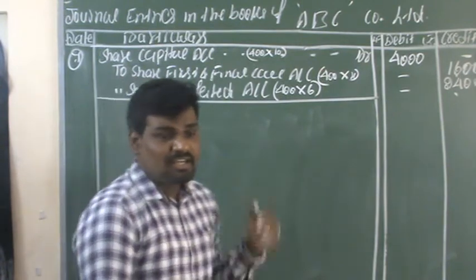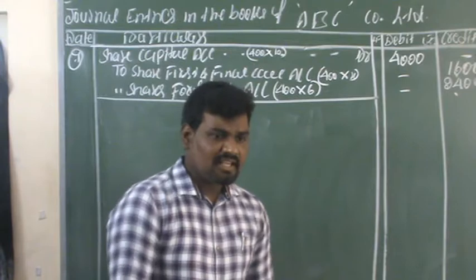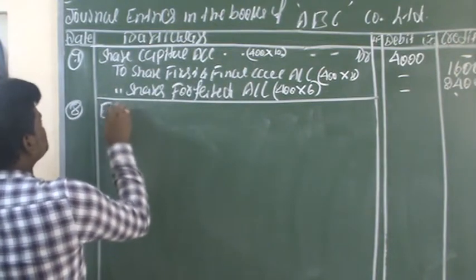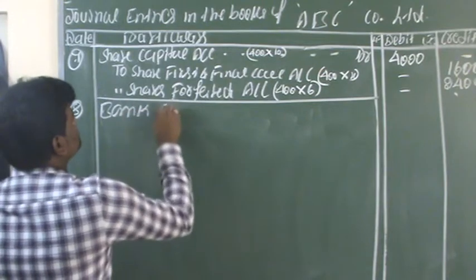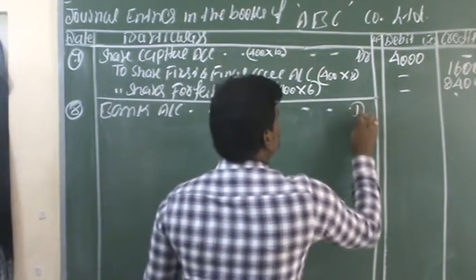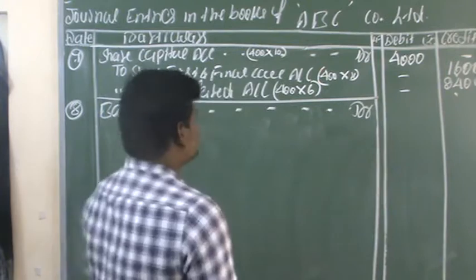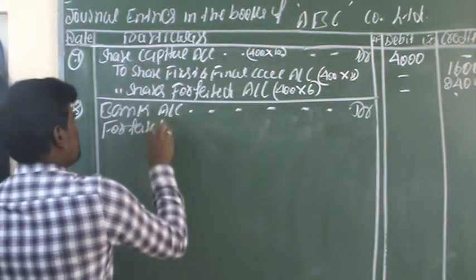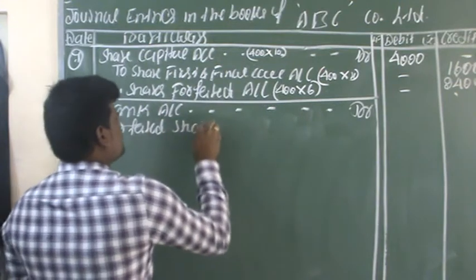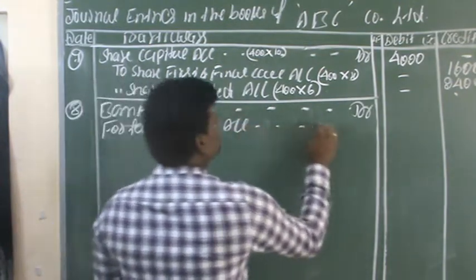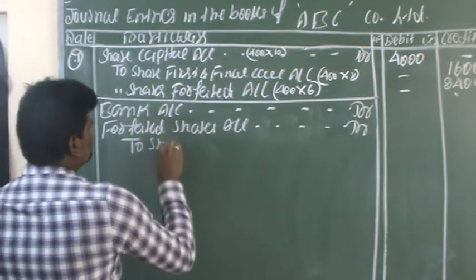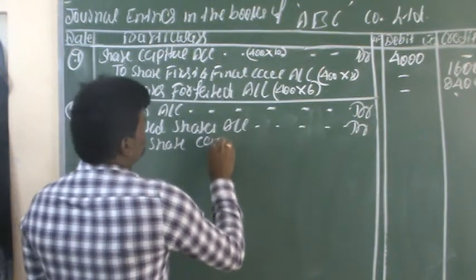The forfeited shares were reissued. For that reissue, the next entry: bank account debit, forfeited shares account debit, to share capital account.